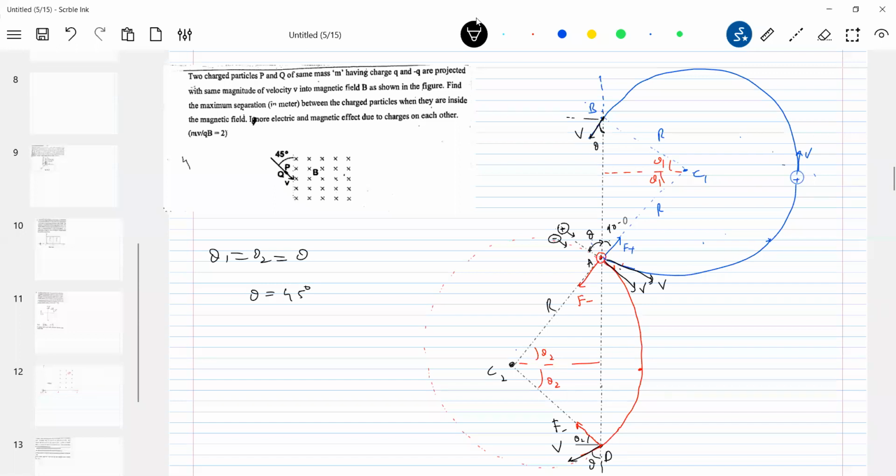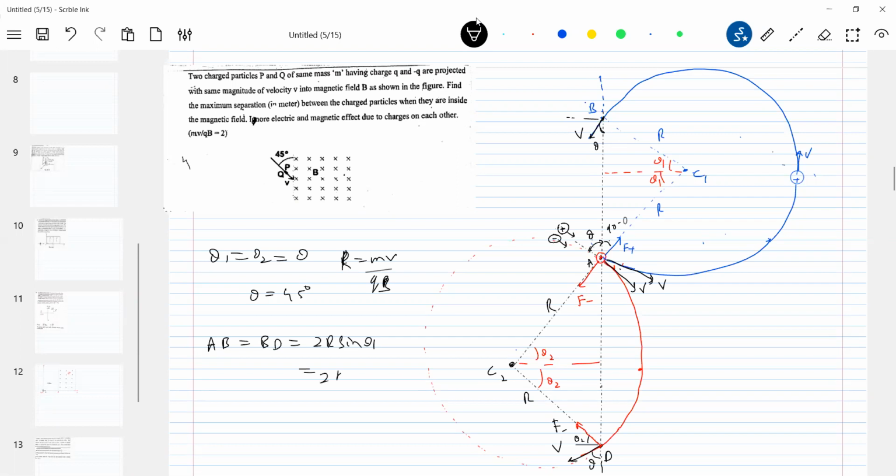And we know this radius r. So what is r equal to? mv by qB. Can we calculate the distances AB and BD? What is the distance AB and BD equal to? 2r sine theta 1 or 2r sine theta 2, anything, because theta 1 equals theta 2.